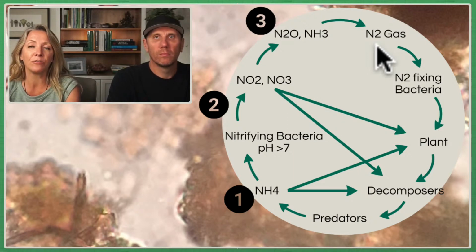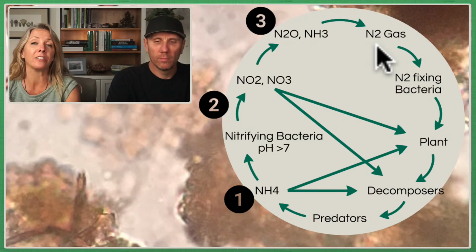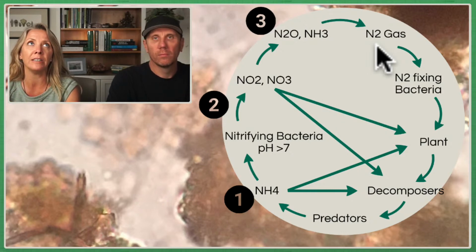These nitrogen-fixing bacteria will form a big colony. That colony will get to a certain mass where the conditions inside of the colony change. The inside of the colony goes a little anaerobic, and that triggers the bacteria to start to make a certain type of enzyme.